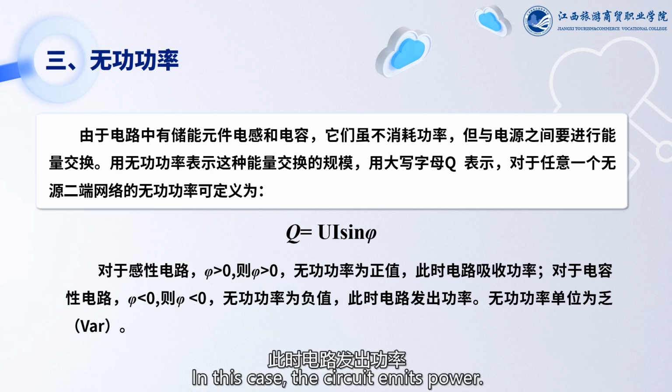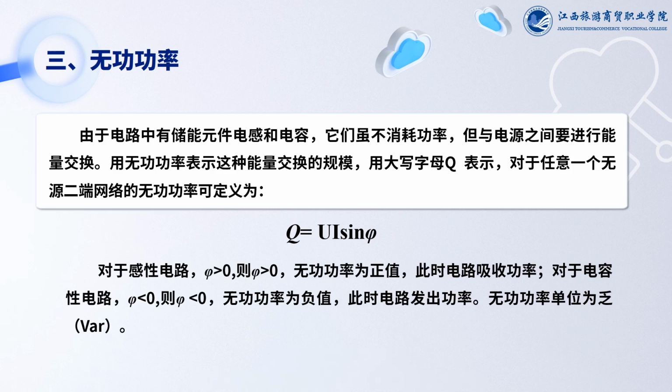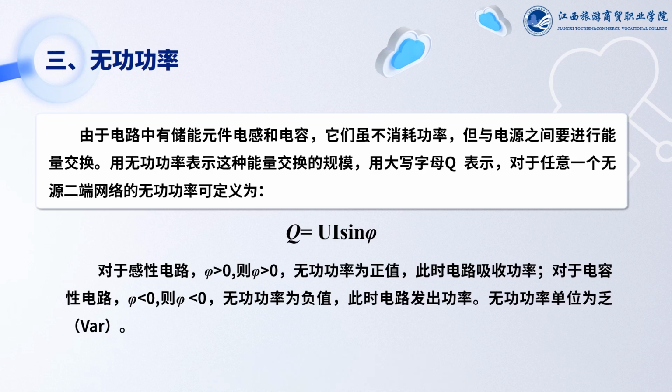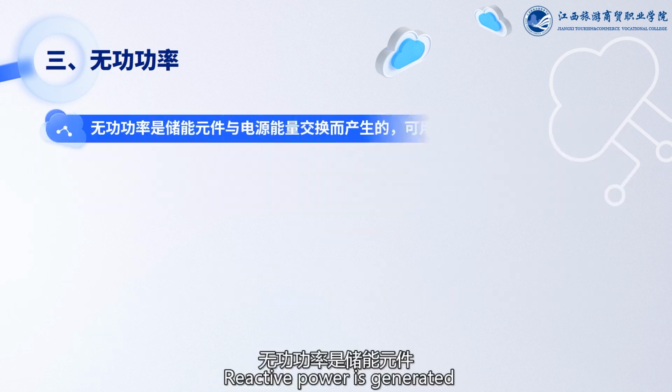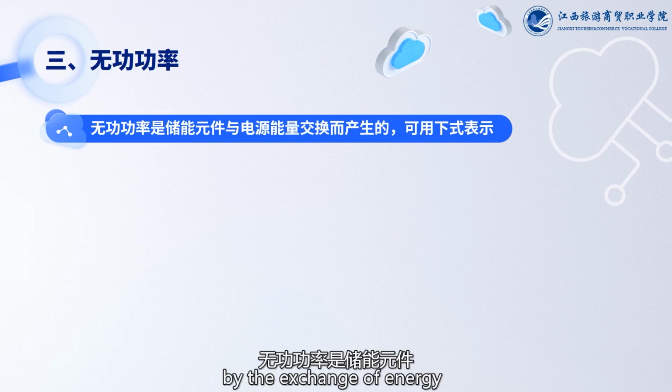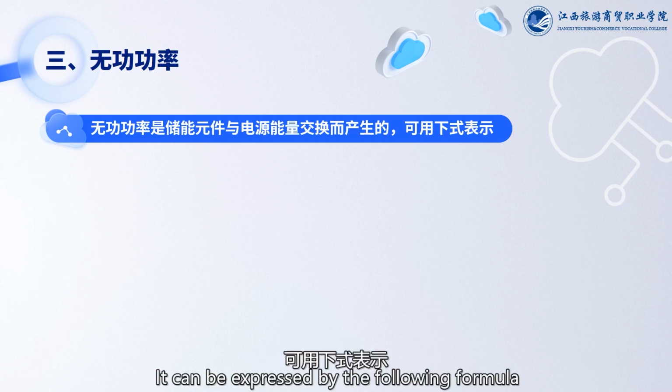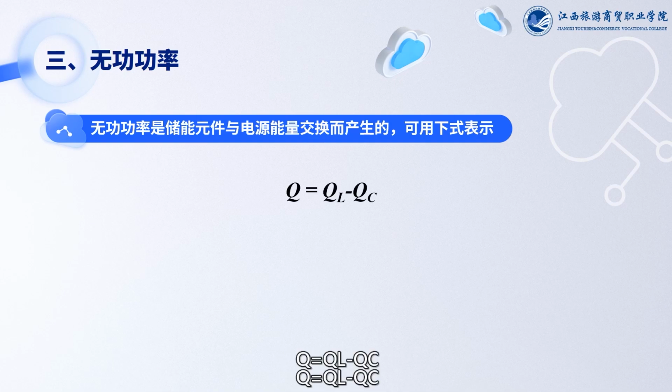In this case, the circuit emits power. The unit of reactive power is var. Reactive power is generated by the exchange of energy with the power supply through energy storage elements. It can be expressed by the following formula: Q equals QL minus QC.